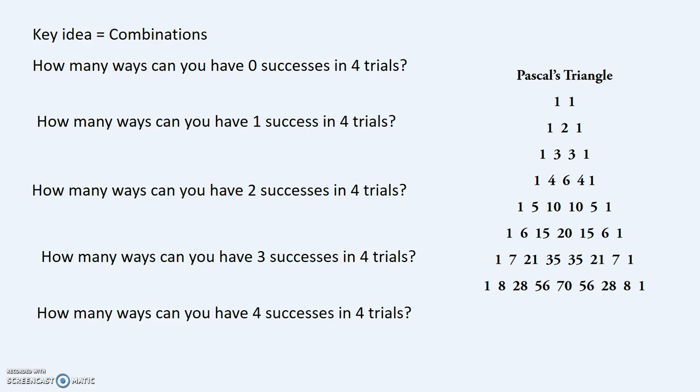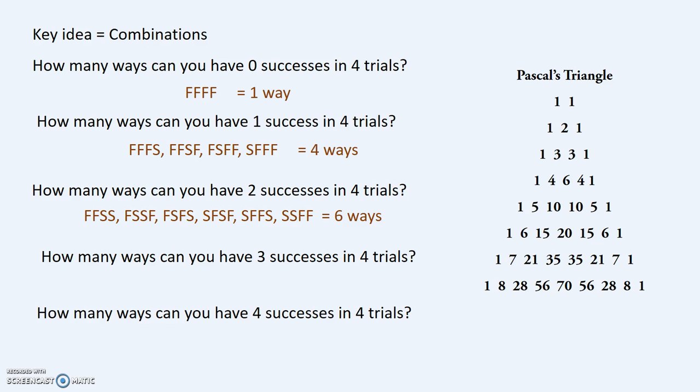So here's the idea. If you do 4 trials, how many ways can you have no successes? Well, there's only one way, fail, fail, fail. How many ways can you have one success in 4 trials? Well, you could have the success the last time, the third time, the second time, or the first time. So there's 4 different ways that can happen. How many ways can you have 2 successes?